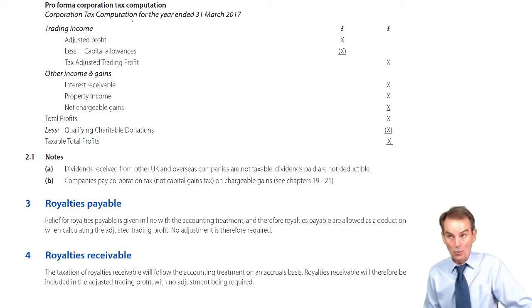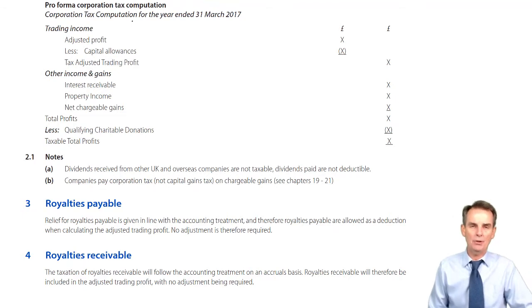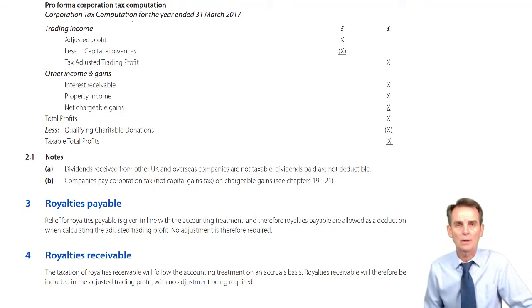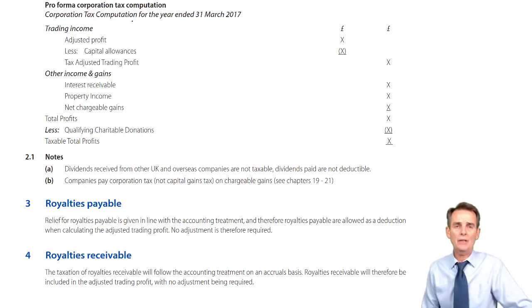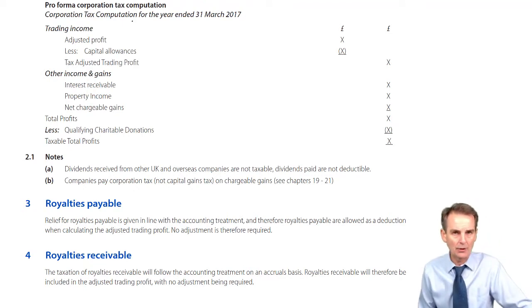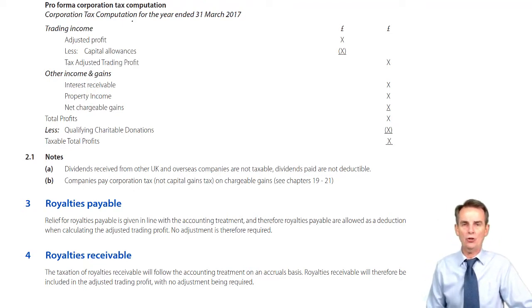We also had to bring in capital gains, and those capital gains would be computed in a slightly different fashion to that which you have already computed gains for the individual, which we looked at in our chapters on capital gains tax. More of that again in later chapters. That gave us total profits. Take away any qualifying charitable donations paid, and you'll be clearly told in the question whether that has happened, and you're down to TTP, your taxable total profit.